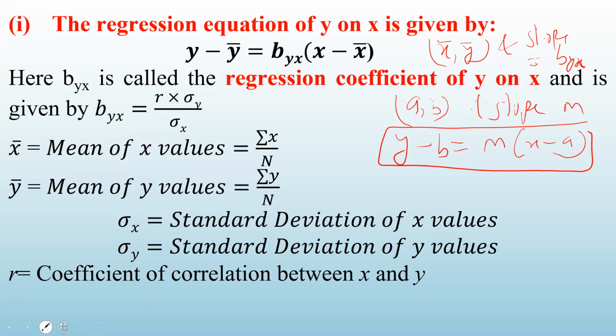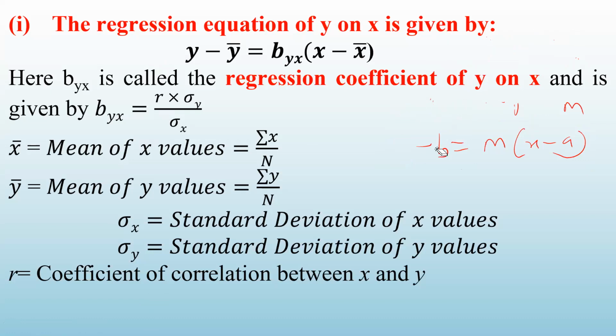Now let us see what is the regression equation of x on y. When we talk about the regression equation of x on y, because the value of x depends upon the value of y, the term which contains x will be on the left side. This is how you have to remember.